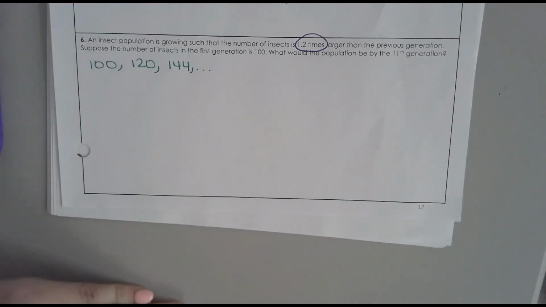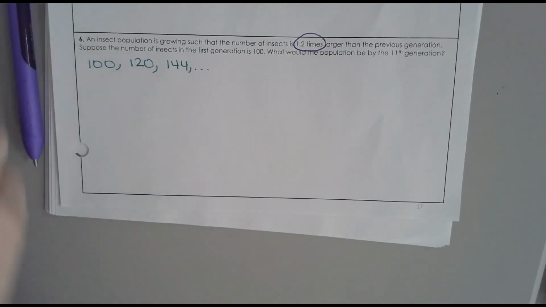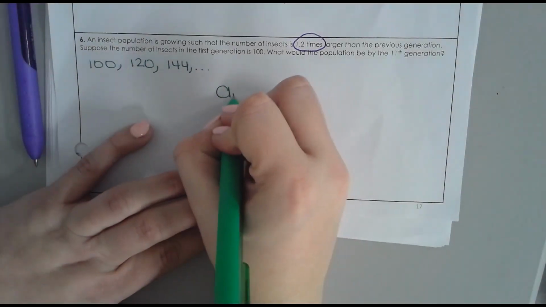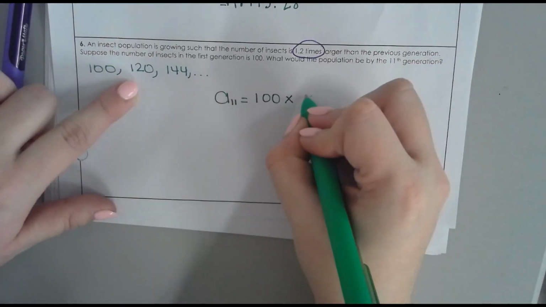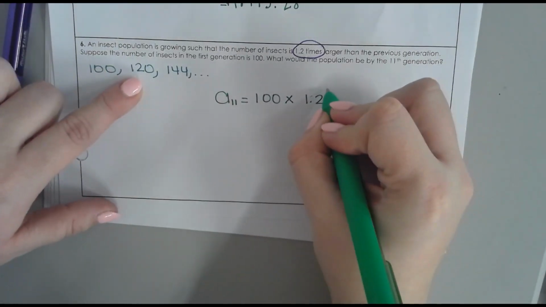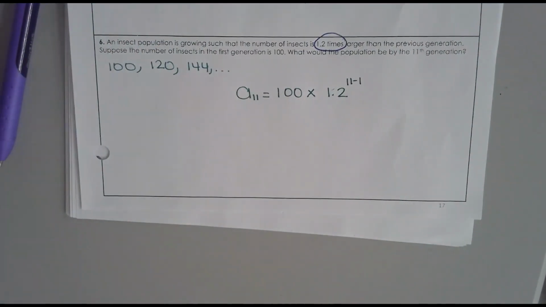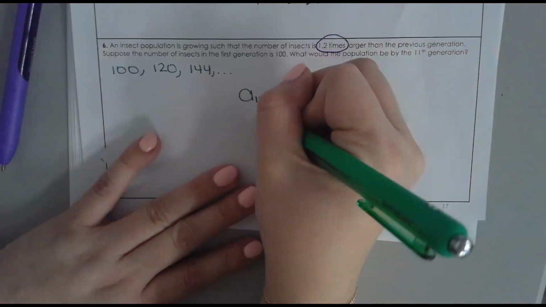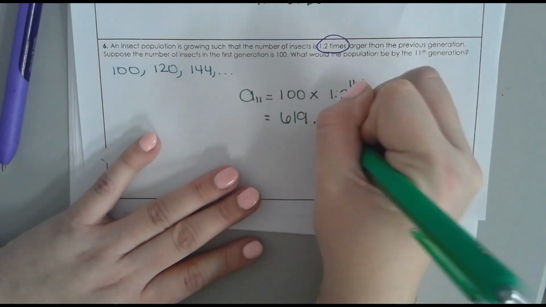So the 11th generation is the 11th term. So A11 is A1 times my R, which is 1.2 to the 11 minus 1 power. $619.17.